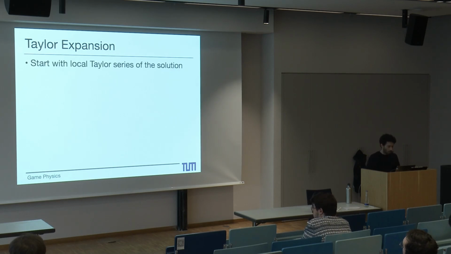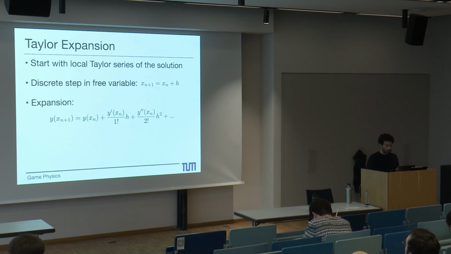So we want to evaluate the variable at point n plus 1, which is, as we mentioned before, the previous evaluation plus h. Then we can compute an expansion of such variable in this way. What happens here is that we are using the derivatives of y to approximate the value at a point that is close by.